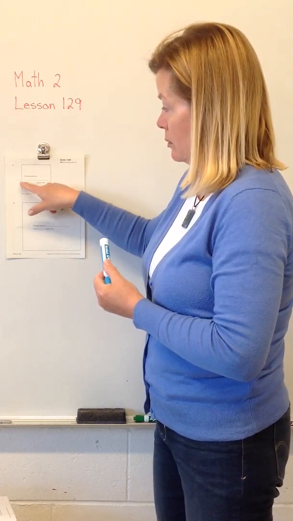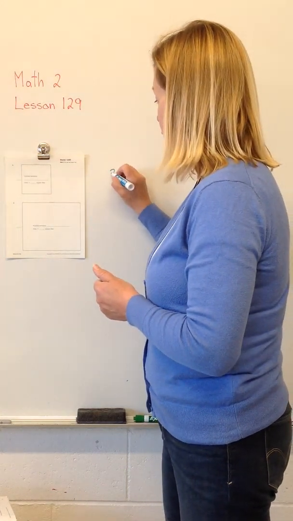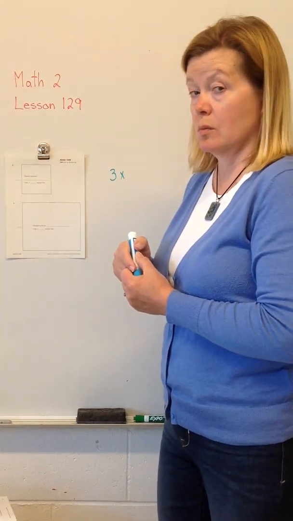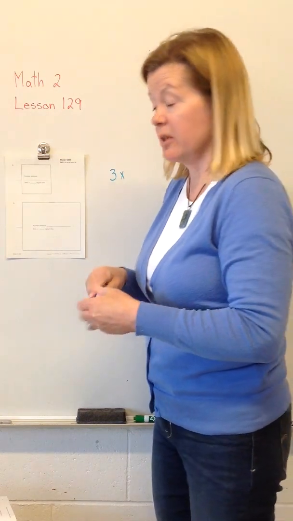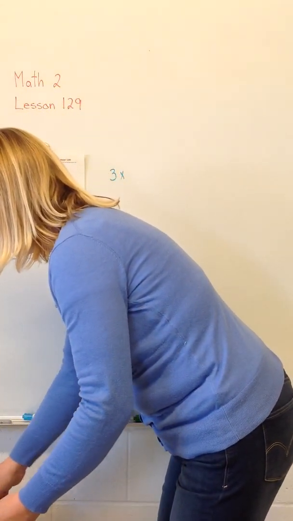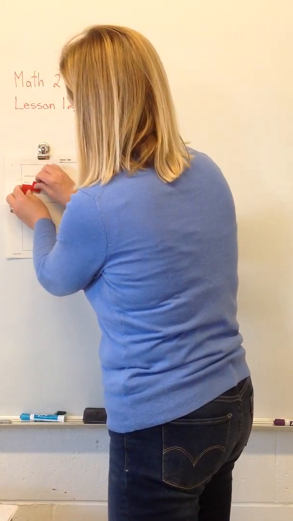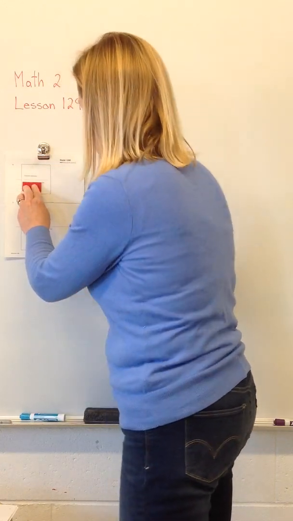What do you think? 3 rows? How many in each row? I think 3. Let me see if I'm right. Oop, I dropped that one. Well, I was right.